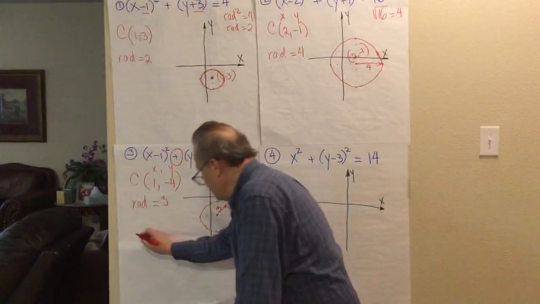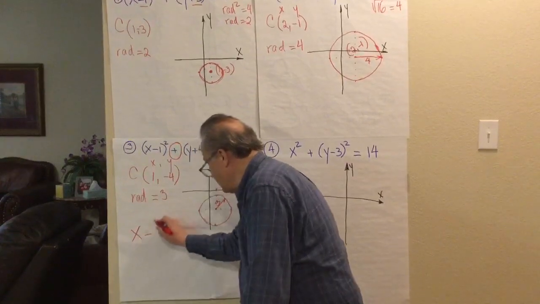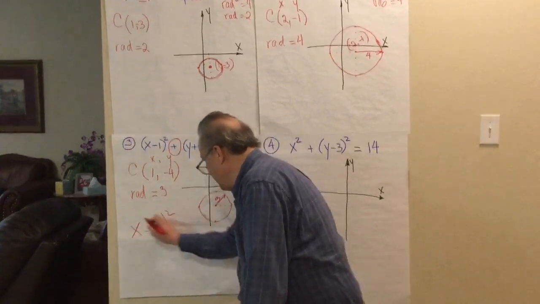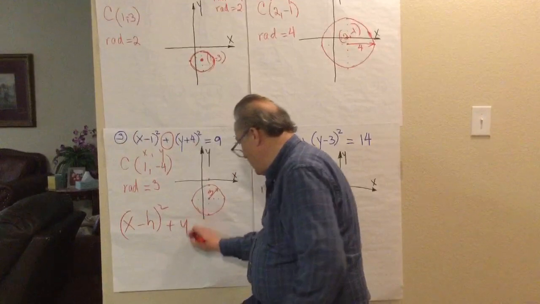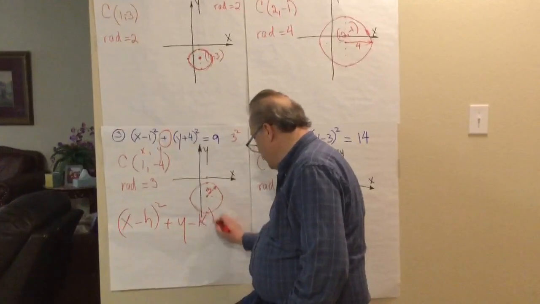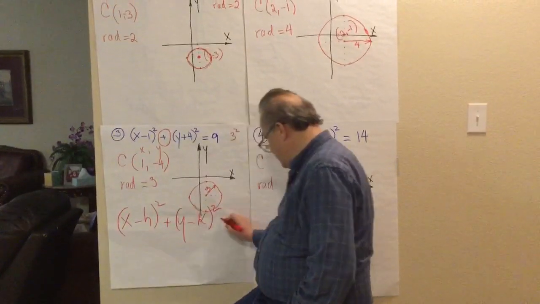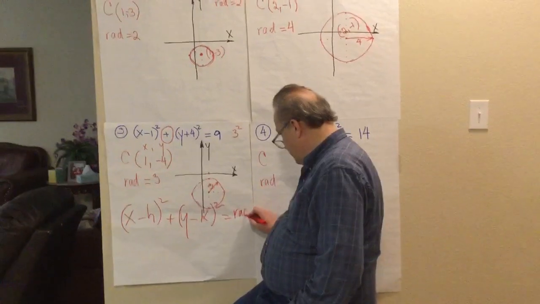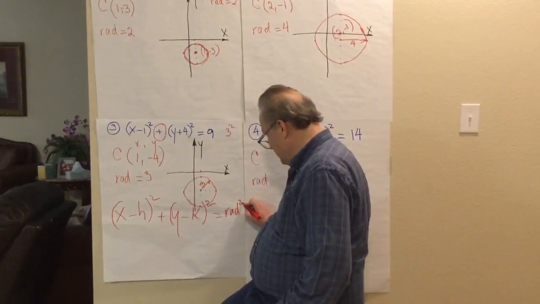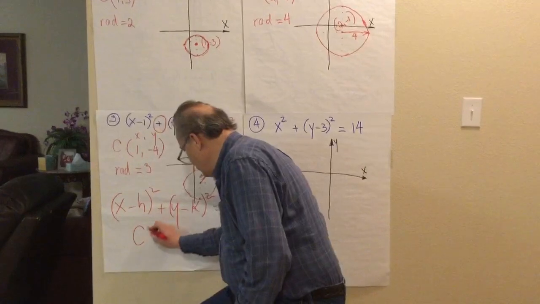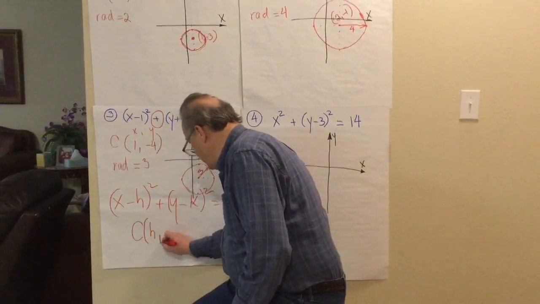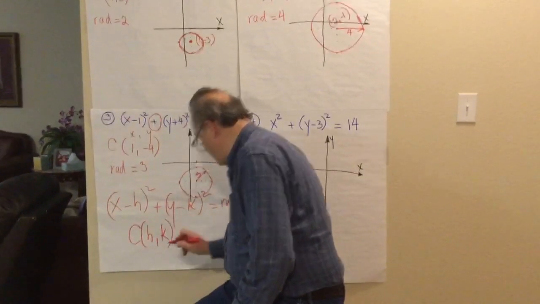Positive. Because my formula is (x - h)² + (y - k)² = r². My center is (h, k).